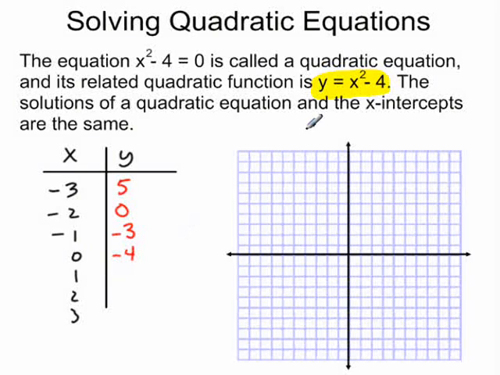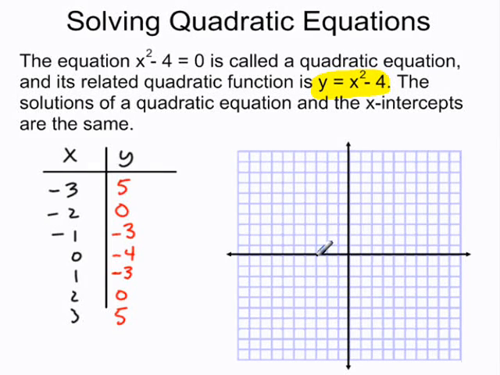And then the same thing with 1. We would get -3 when we squared it and subtracted. 2 squared is 4, 4 minus 4 is 0, and then 3 squared is 9, 9 minus 4 is 5. So these would be our points we're going to plot.